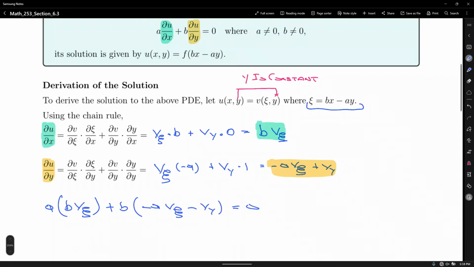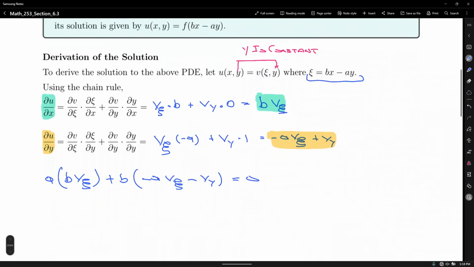That equals 0. So let's clean up the equation. That'll be ab v with respect to z, minus ab v with respect to z, plus b v with respect to y, and that equals 0.